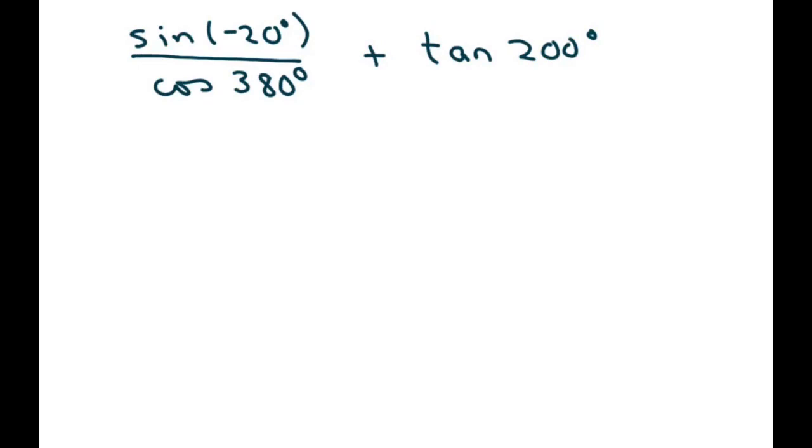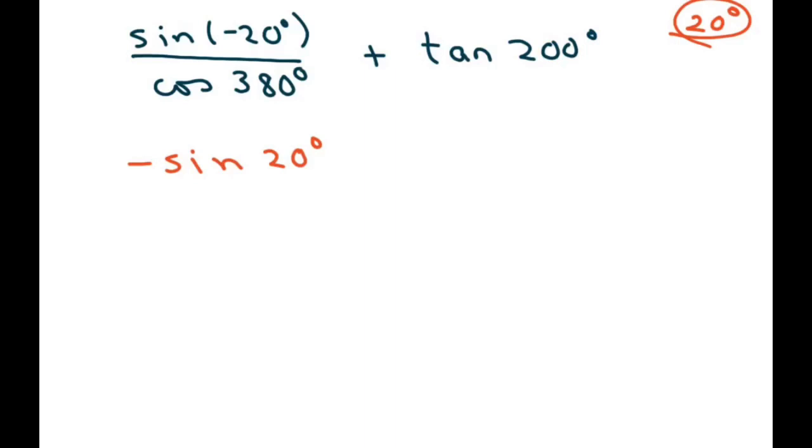Okay, on this one, I know that sine is odd, so I'm going to pull out the negative, and I think I'm going to make everything 20 degrees. So make everything 20 degrees because we have to have the same angle.